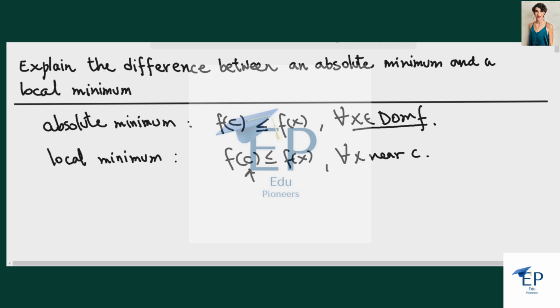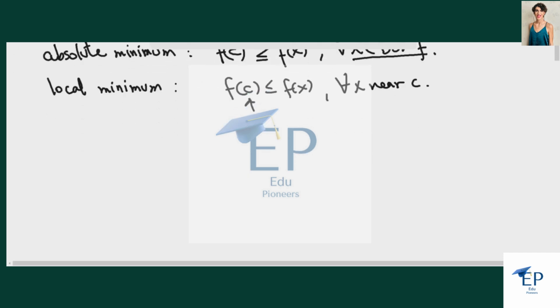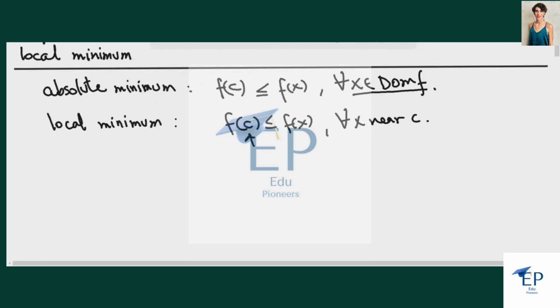There's no doubt about it. But in the case of a local minimum, we have to see only near the value where the function attains that local minimum. So it's better to put some examples, and for example, we can see this function here.